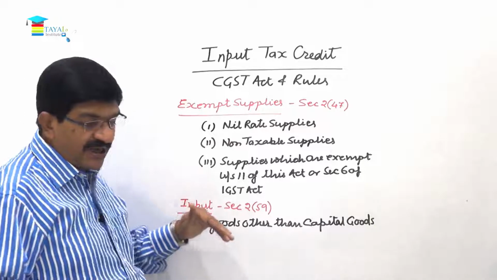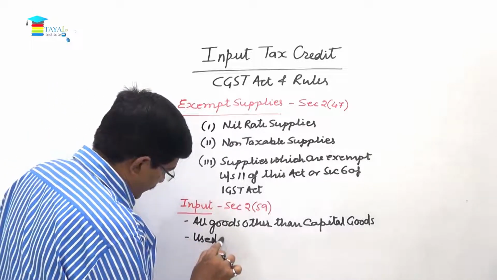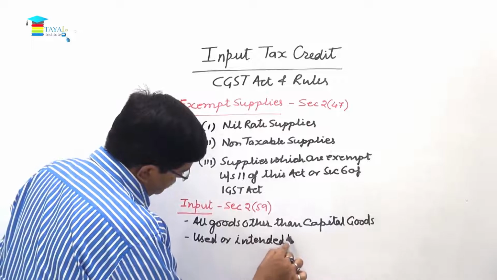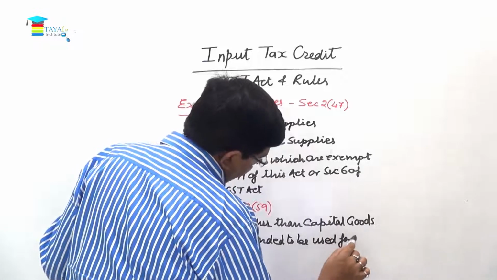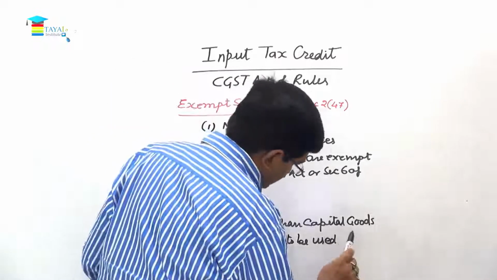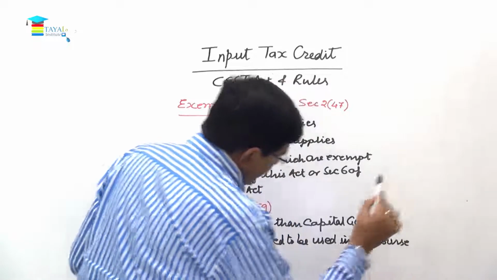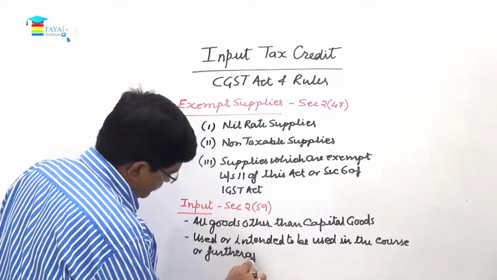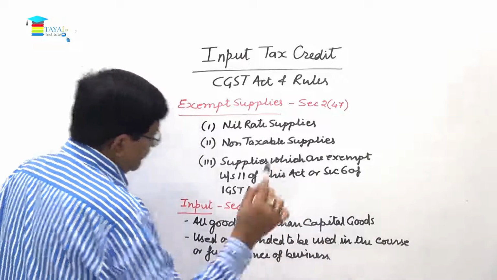So these are all goods other than capital goods, and these are either used or intended to be used in the course or furtherance of business.